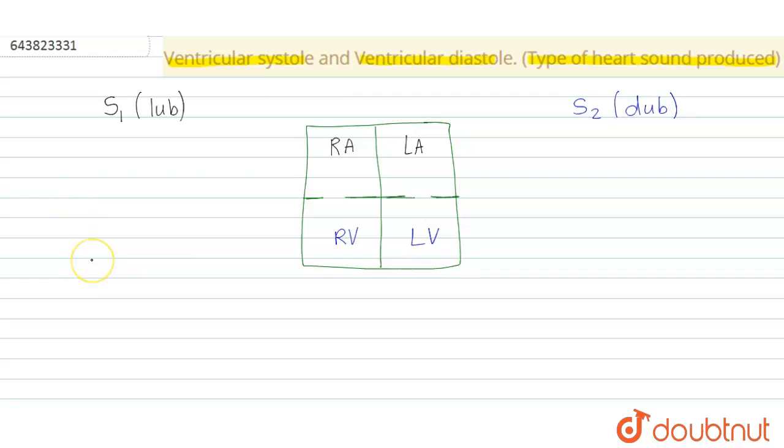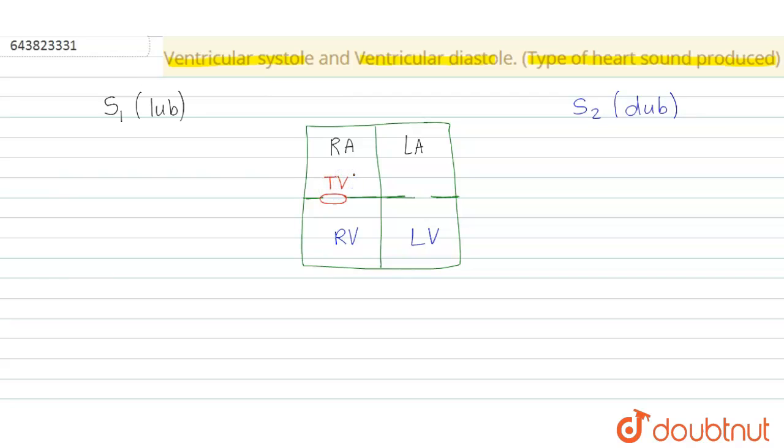Now there are some gatekeepers between the right atrium and the right ventricle, and between the left atrium and the left ventricle, and these gatekeepers are called valves. The valve between the right atrium and the right ventricle is called the tricuspid valve, which I'll write as TV.